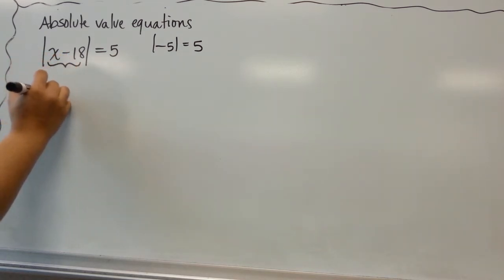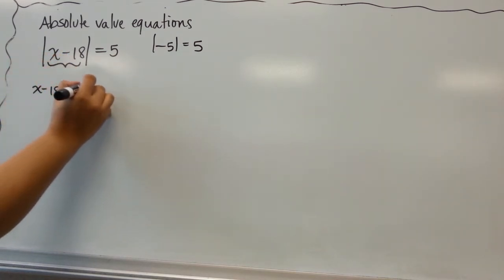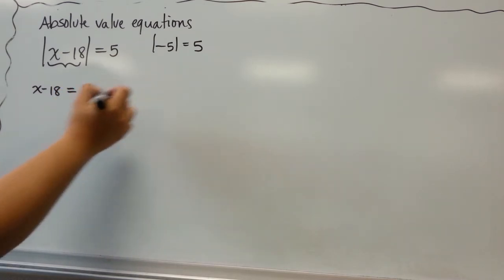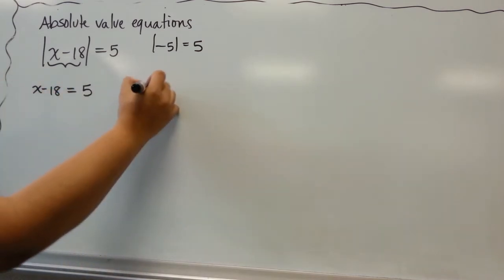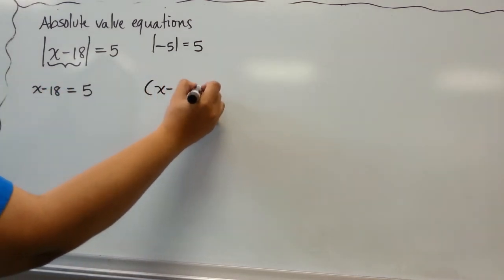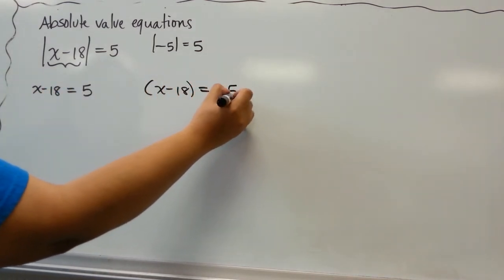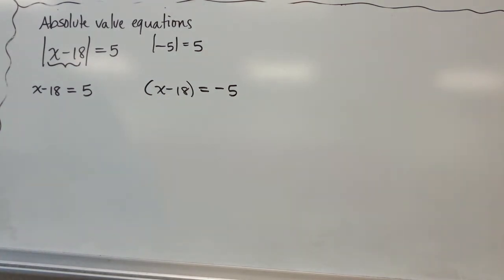So what you're going to do is write both situations. You're going to say this x minus 18 can be equal to 5, or the x minus 18 can be equal to -5. And then you're going to solve each of them individually.